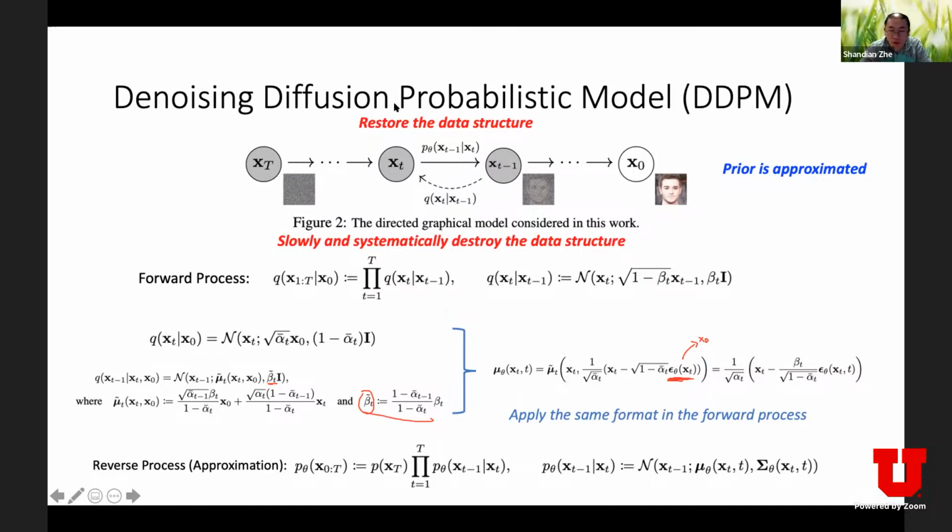So this is the approximation of x0. And then once you got this one, you still use this form, right? This mu theta t is still this coefficient multiplied with x0, which is approximated by here, right? Yes, plus this one.